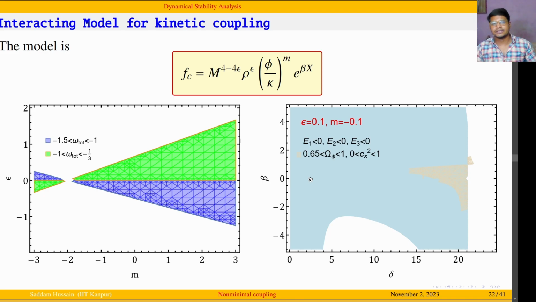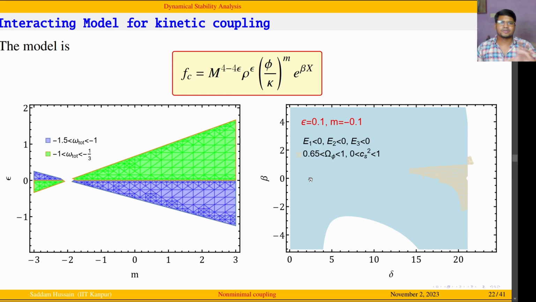We are not saying that the field has to be completely at a point of one. The field and the interaction are playing a role, and the dark matter fluid has to be subdominant. We found this when choosing some values of epsilon and m. Over here we have chosen epsilon to be 0.1 and m to be minus 0.1.